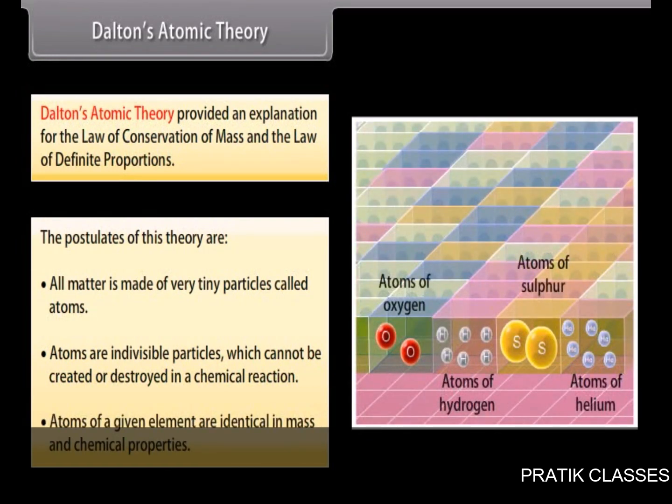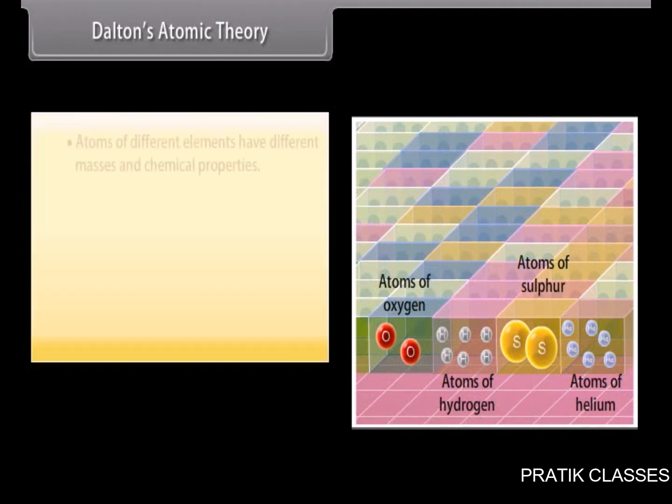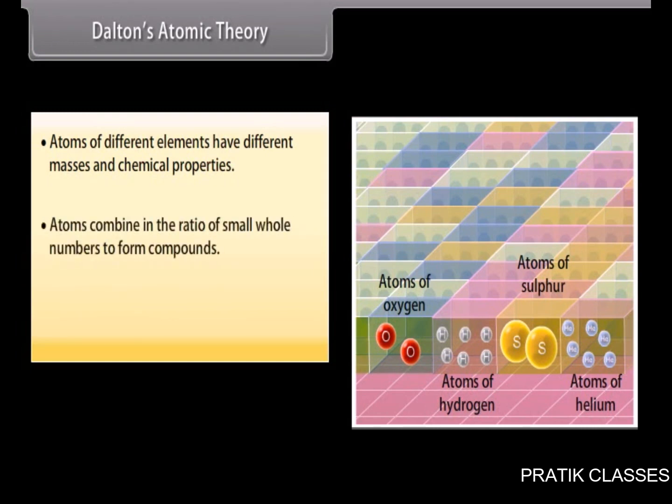Atoms of a given element are identical in mass and chemical properties. 4. Atoms of different elements have different masses and chemical properties. 5. Atoms combine in the ratio of small whole numbers to form compounds. 6. The relative number and kinds of atoms are constant in a given compound.